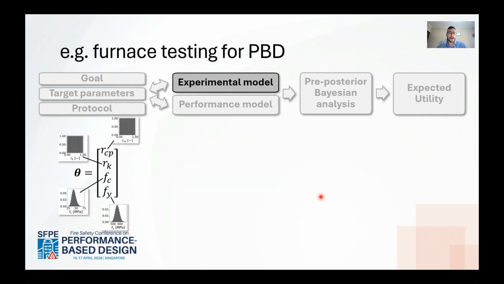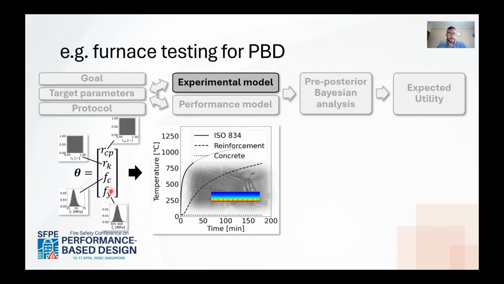Next, we build an experimental model that should reproduce potential outcomes of our experiment. In this case, we are dealing with furnace tests. So we start from certain parameters, we run a heat transfer analysis where we get the temperature development inside the slab as a function of the heating exposure in the furnace, which is the ISO 834 curve.